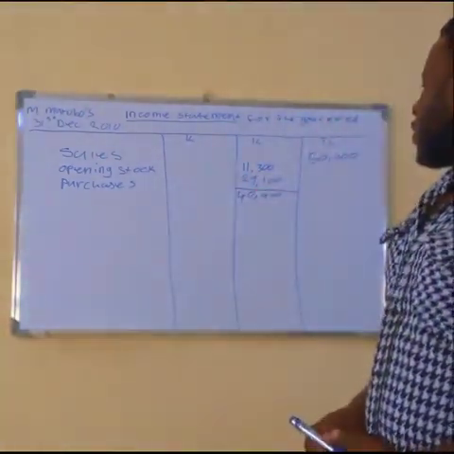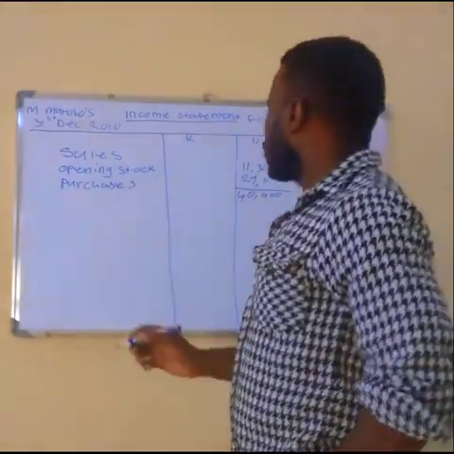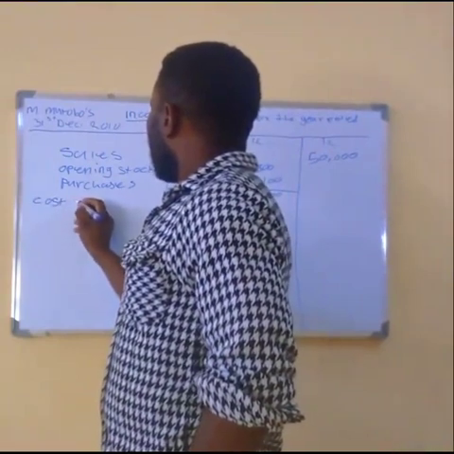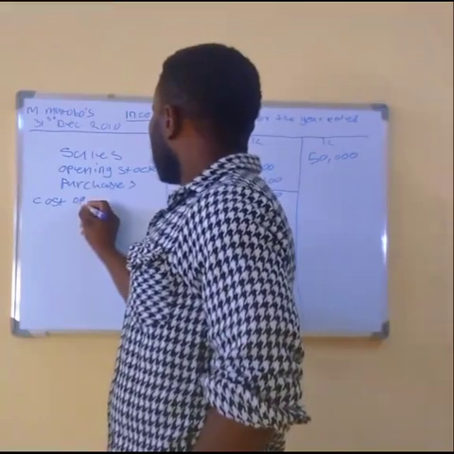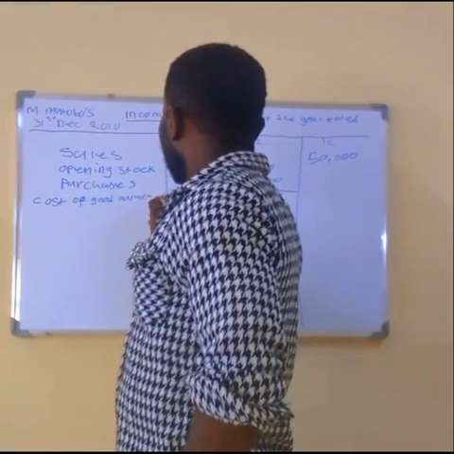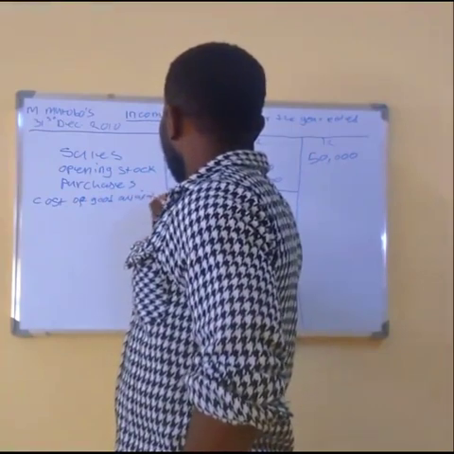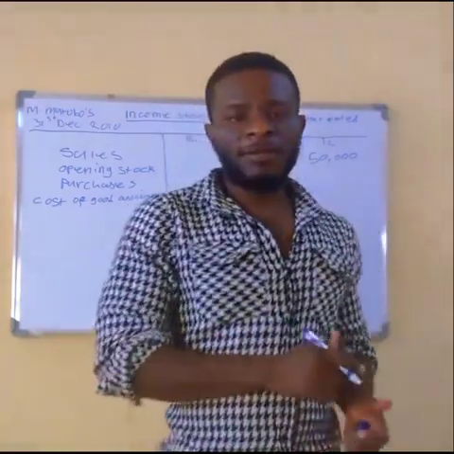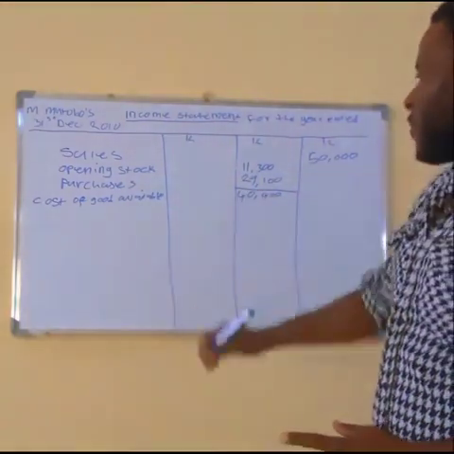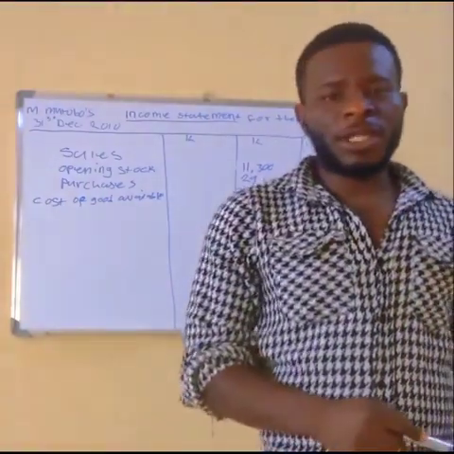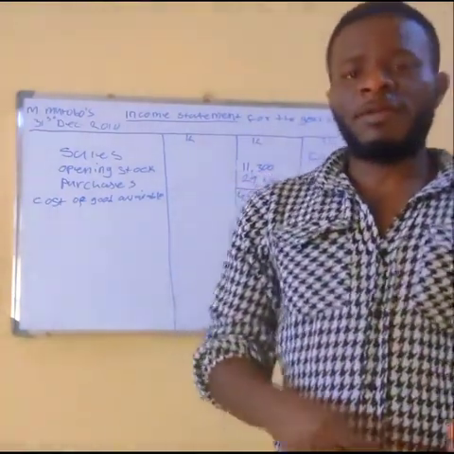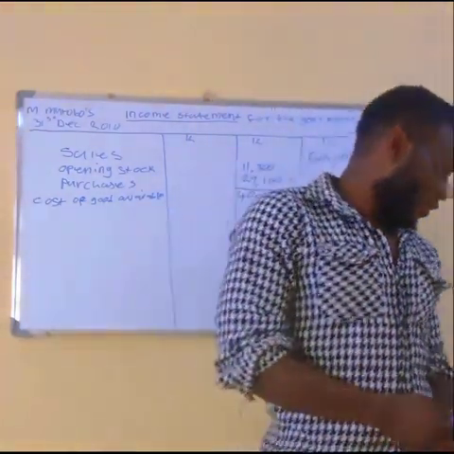After adding this, whatever we have is the cost of goods available for sale. This is the total cost of the goods that we have in stock, the goods that are available for sale.